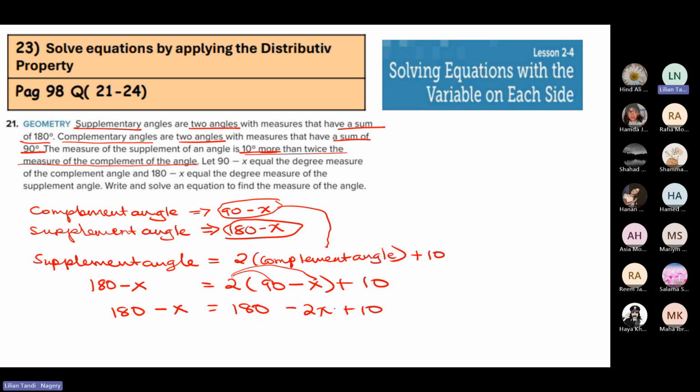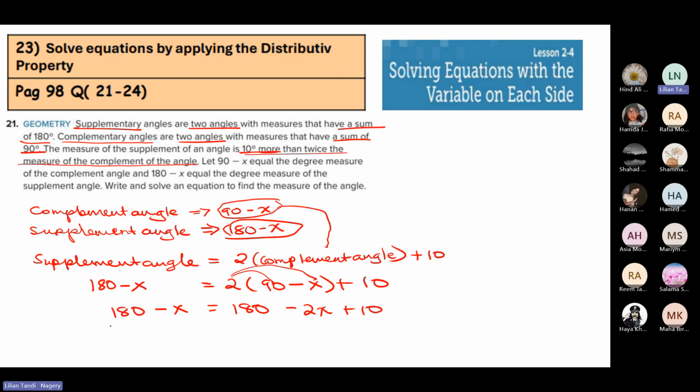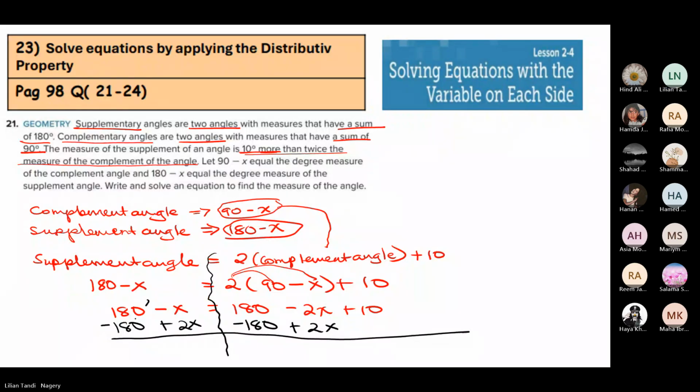Now I want my x's on the left and my numbers on my right. So minus 180, minus 180, plus 2x, plus 2x. Remember, this is your bridge. This goes away. This gives you x. This goes away. This also goes away. x is 10. And there is your answer.